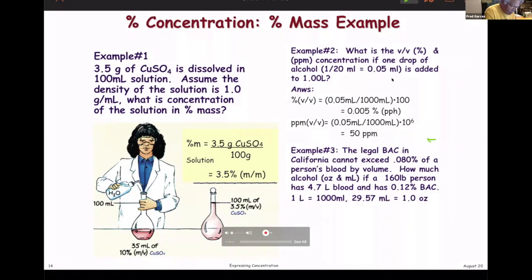This is something I would come up and do in class because it's so pertinent to what happens when you drink and drive. The BAC is the blood alcohol level, and in California, it cannot exceed 0.08%. There's actually an extra credit problem in the discussion that I will release later on, where you guys will calculate, because each one of you has a certain body mass. And if you have a certain body mass, that means you have a different blood volume.